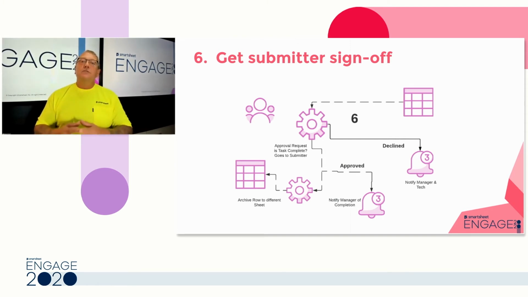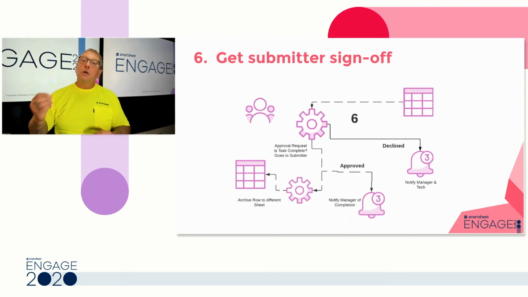Now they can say, yes, it's good, or no, I really want you to do some more work with it. And they can reply back, and that can then drive that. That's the approval. Now, on the approval, they have two different parts. If the person declines it, what happens?